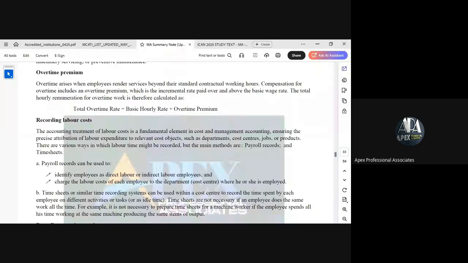So the total labor cost for an employee will include, number one, the basic amount they are supposed to get from their normal employment, what the contract states for them, the basic ones. And then you would also look at how much they get extra in overtime. Then you look at how much they would get extra in bonus.